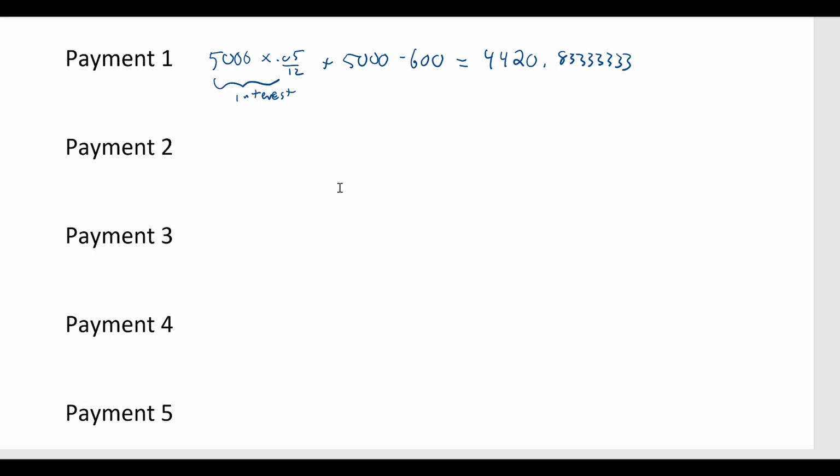Now let me be clear. I took the output values from each time I did this calculation on my calculator, and I put the whole thing out. I didn't just type it in. I copied the whole value and put it into the next line. So while it's truncated in this appearance, it goes much further than that on the calculator, what it stores. 4420.8333333 times again 0.05 divided by 12 plus the other, in fact, let me show you what I did for the formula.